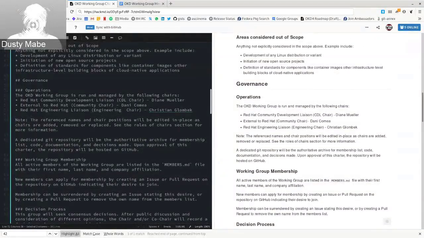I mean, the most important difference between CNCF and OKD is that CNCF uses the CLA as a sign of membership, and I don't want that at all. I don't think we had any plans to do that, but the CNCF is almost completely orthogonal to the Cube governance structure.